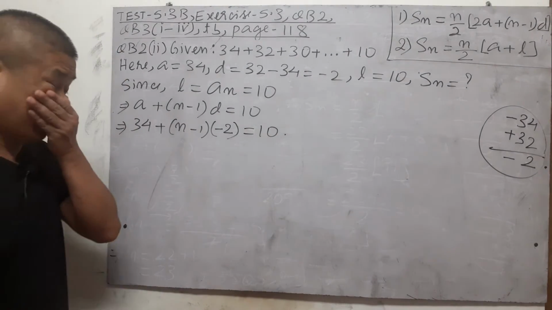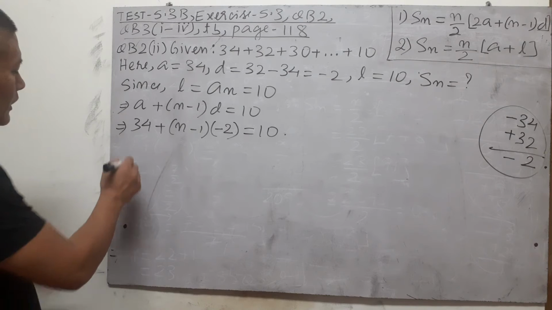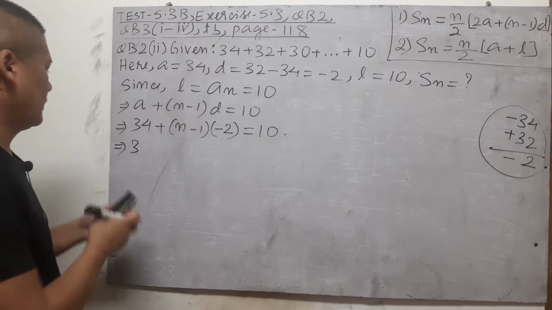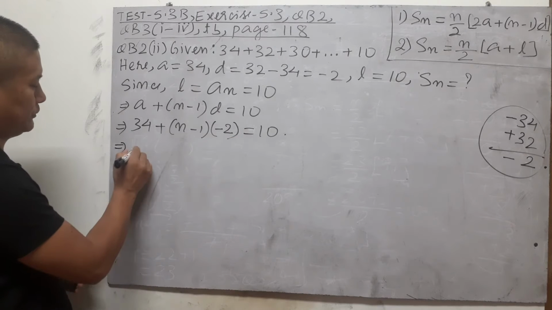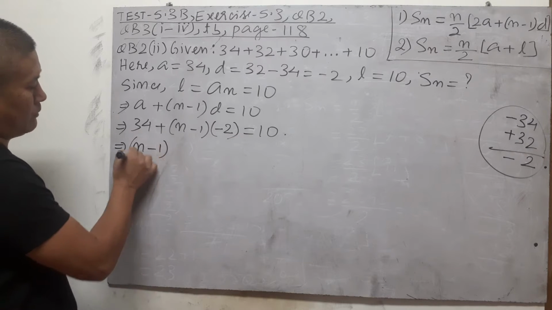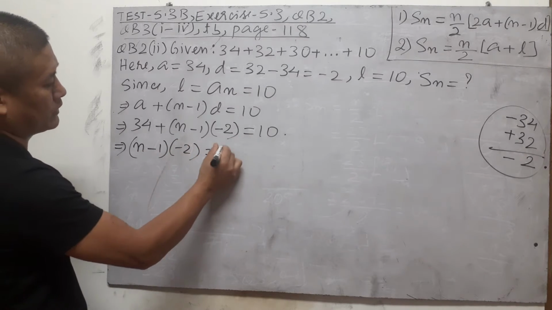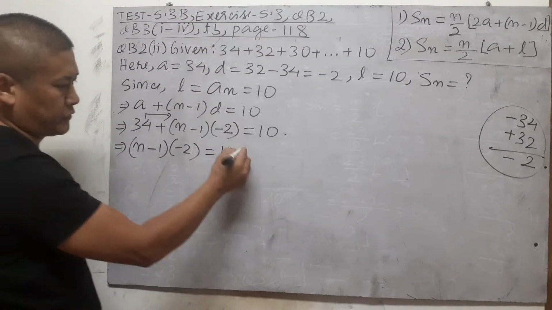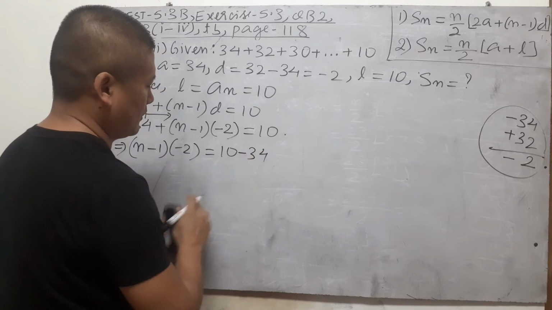Then that gives you n minus 1 into minus 2 equal to 10, and shift the plus 34 to the right side, then minus 34.